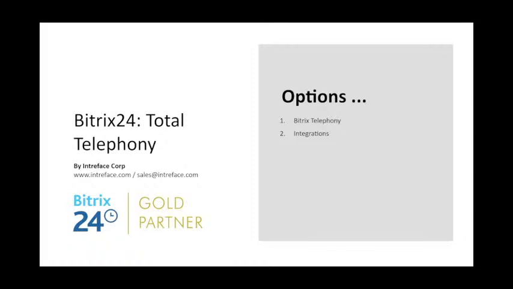It isn't a number you can choose or an old number you can reuse. It is integrated so you can receive calls directly in Bitrix and make outbound calls from the Bitrix24 system. The other option, if you want to stick with your phone provider and use your own existing numbers, is to use an integration to feed those numbers into the Bitrix24 system.